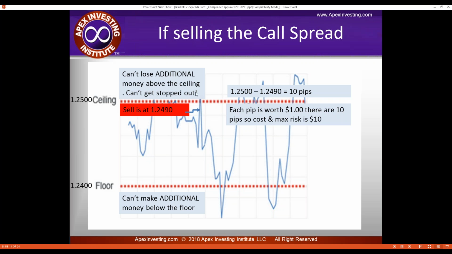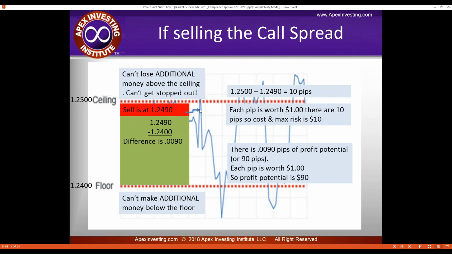As you see, the market ends up coming back into the spread and it does go down. Notice that if I sold at 2490, the ceiling's 2500, so that's 10 pips, $1 a pip, $10 is my maximum risk. It can go down all the way to the floor.